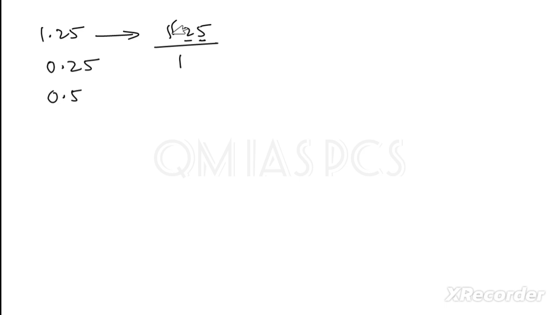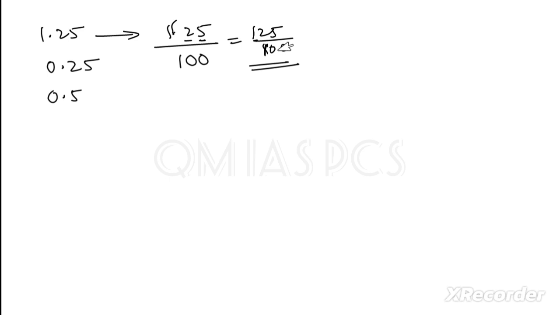There are 2 digits, so you have to place two zeros in the denominator after the 1. So it will be 125 by 100. Is it clear? This is the conversion of decimal to fraction. Later on you can reduce this one.